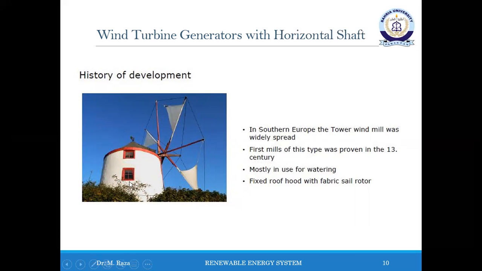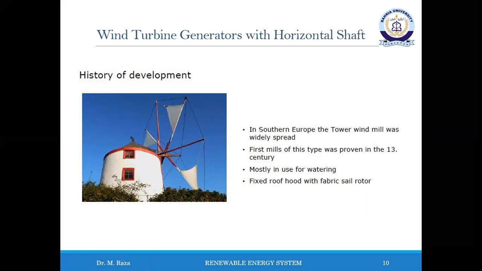In this diagram, you can see the roof is fixed, so we cannot change the direction of the rotor. And these blades have 8 or more sails.